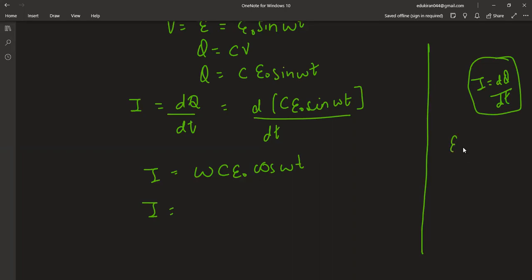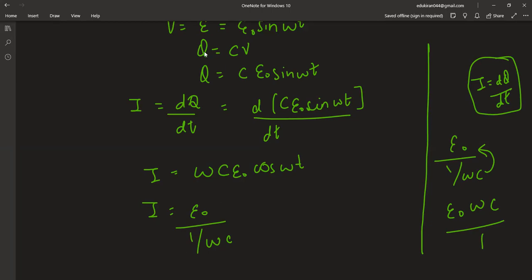Okay, one thing class, look here. If I write E naught divided by 1 by omega C, are both the same? Look here, omega C will go up, so it will be E naught omega C divided by 1, and this is also E naught omega C divided by 1. Both are the same.